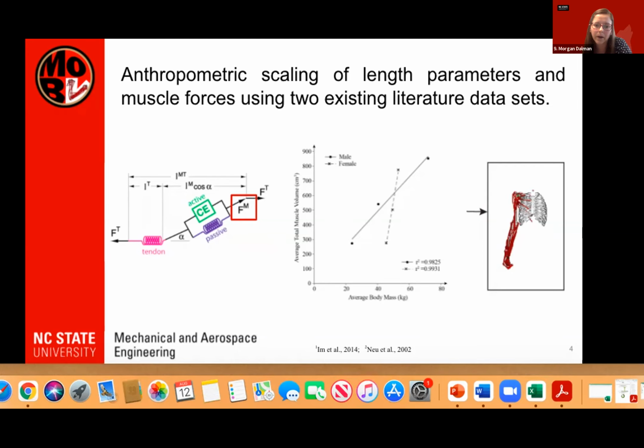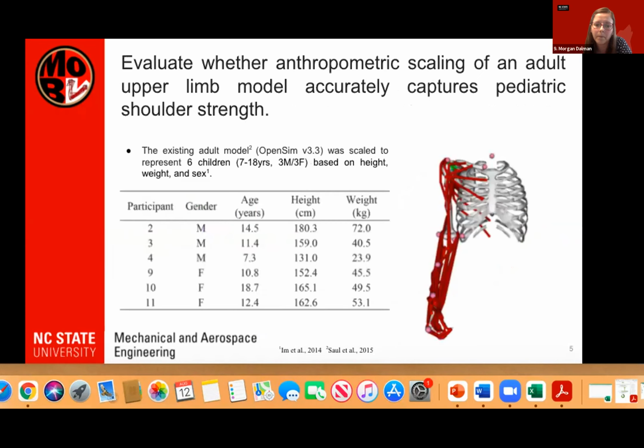The shoulder muscle volumes and weights of 11 children from a previous study by M were used, and individuals were included in the linear regression if they were within the normal weight range based on body mass index. The MIF scale factor was determined by taking the average ratio of the calculated force and corresponding peak isometric force from the nominal adult model. The MIF scale factor was then applied to all 32 muscles in the upper limb.